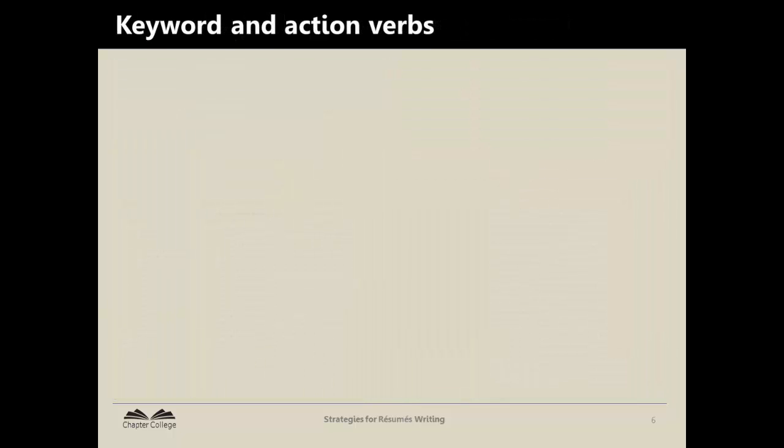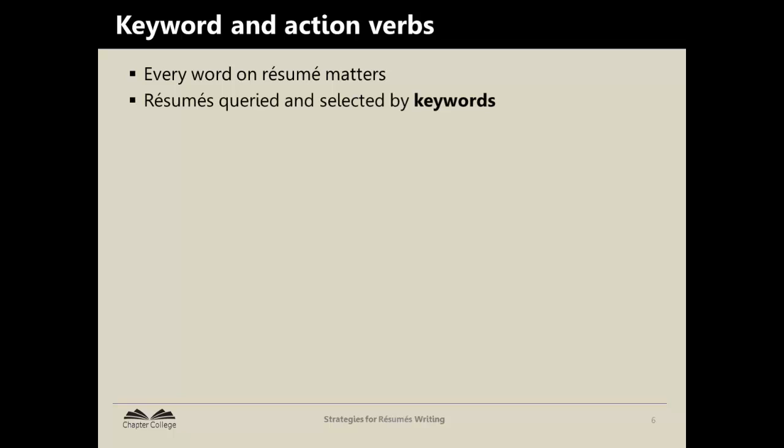A resume is a one-page document that is read very quickly, so every word on the document has to matter, has to be important, and needs to be paid attention to. In the selection process, we need to be very selective in what we put on our resumes, and those are really considered keywords that we need to choose very carefully to make sure they are in line with the position we apply for, or the industry and profession that we operate in.